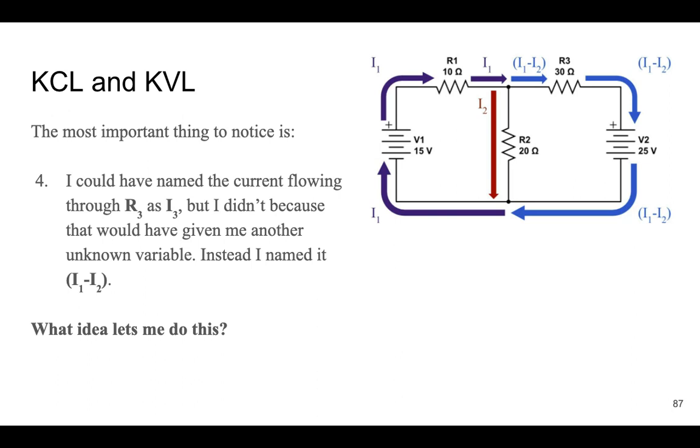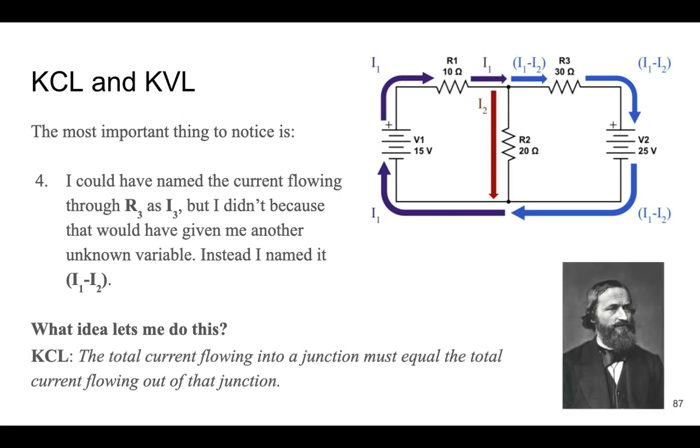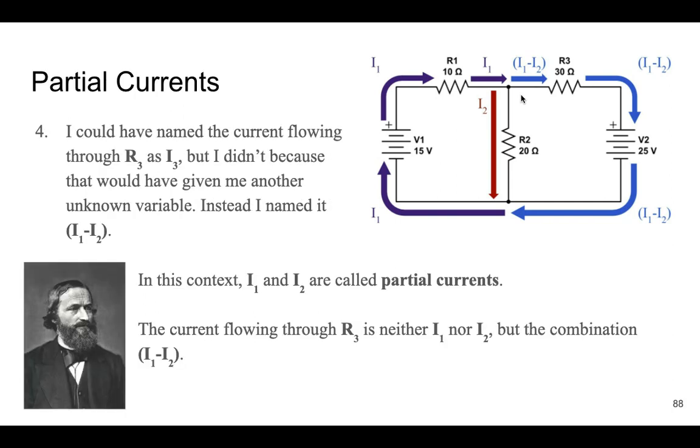So here's me saying use KCL at this point, so you don't have to invent another unknown variable. You will see sometimes these things called partial currents. So the current flowing through here is I1. The current flowing through here is I2. So those are just currents. But when you're talking about what's flowing through this resistor, what's flowing through this battery, it's not I1 or I2.